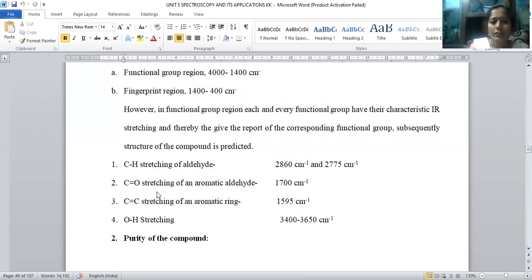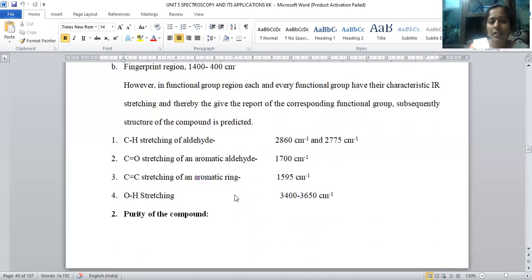Here, you can see different functional groups having different regions. If the given compound has a hydroxy functional group, it lies in the range of 3400 to 3650 centimeter inverse. If you want to determine the CH stretching of the aldehydic bond, that will lie between 2860 and 2775 centimeter inverse.